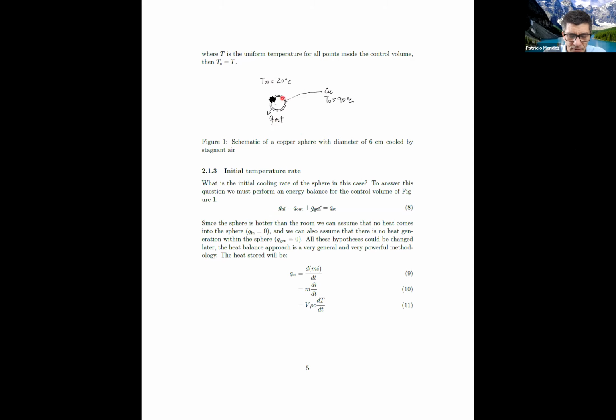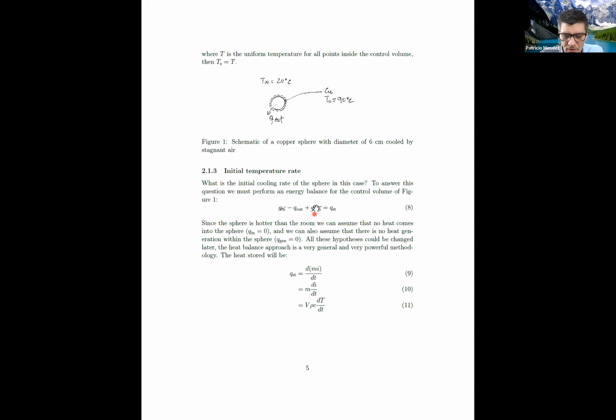We have the sphere and the control volume just outside. Easy peasy, but in problems that you might face in your professional life, they might be a little bit trickier, but this is very simple. So the sphere is hot, the fluid is cold, so I'm going to claim that there's no energy coming in, and typically there's none, right?